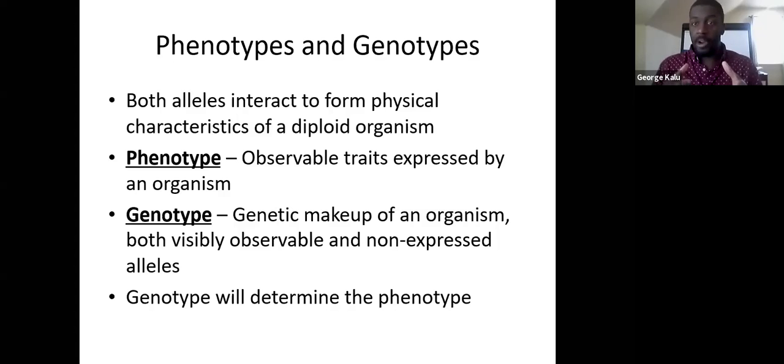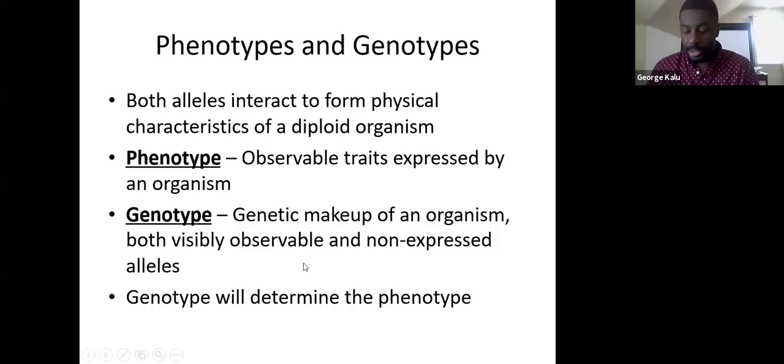So the genotype is the genetic makeup. That's the actual parts of the DNA, the actual DNA nucleotides that will contribute to our physical appearance or our physical trait. When we're looking at the phenotype and the genotype, the genotype is going to determine our phenotype, which makes sense. Our genetic makeup is going to determine what we look like, our physical appearance. We'll give a couple of examples here.